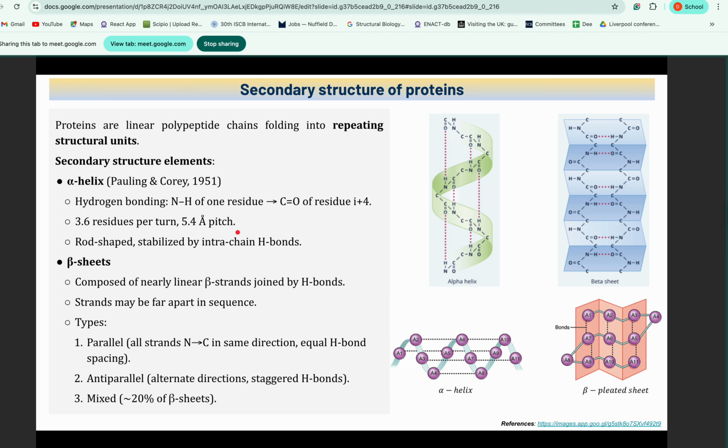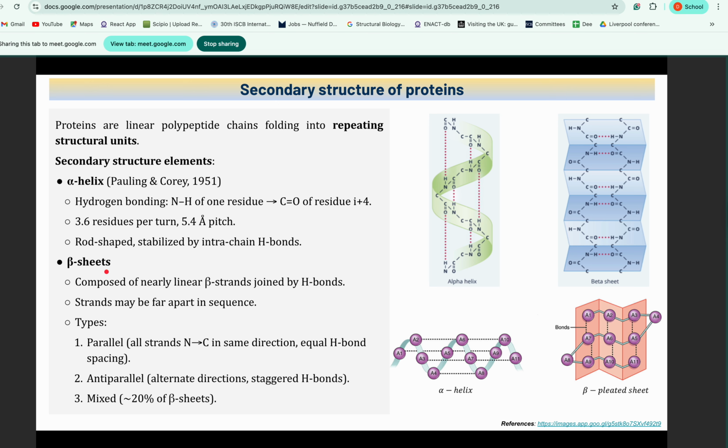This is also known as the pitch of the alpha helix. The shape is rod-like, or you can say spiral, and it is stabilized by these hydrogen bonds. These hydrogen bonds are responsible for the stability of this rod-like structure.